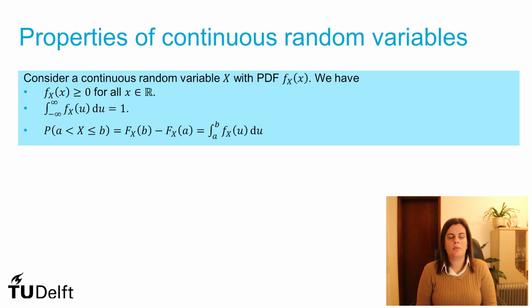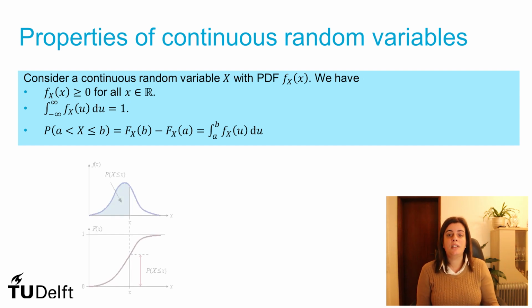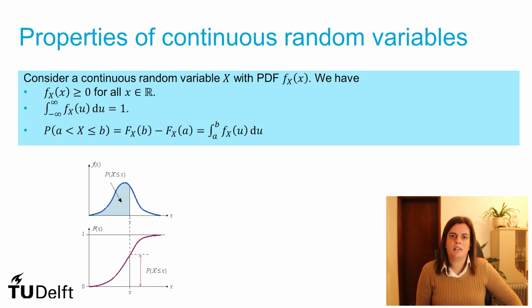So useful properties to know. The probability density function is always greater than or equal to 0, because it's always associated with probabilities, right? If you integrate the probability density function over the entire real line, you get 1.